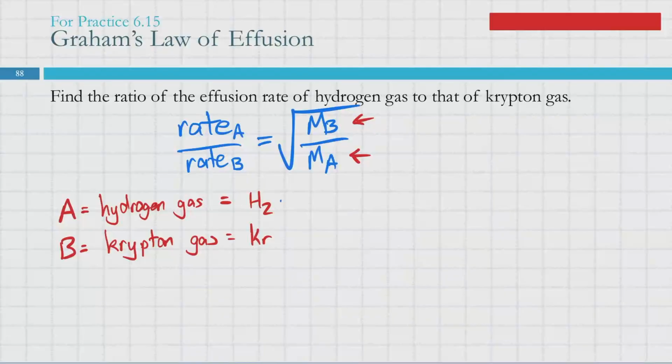So we'll get our molar masses. The molar mass for our hydrogen gas is 2.016 grams per mole, and for krypton, it's going to be 83.80 grams per mole.